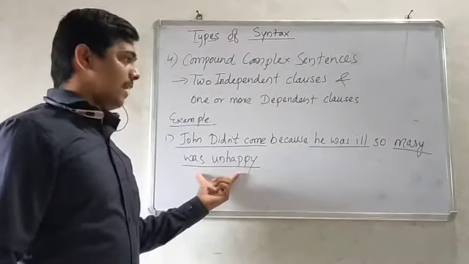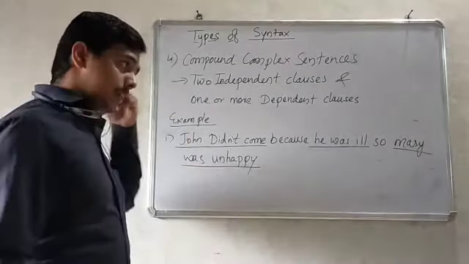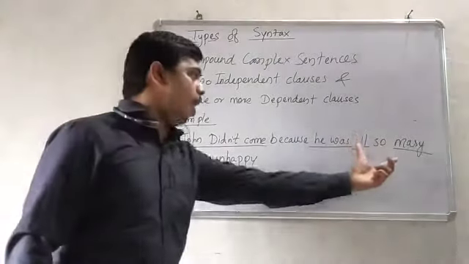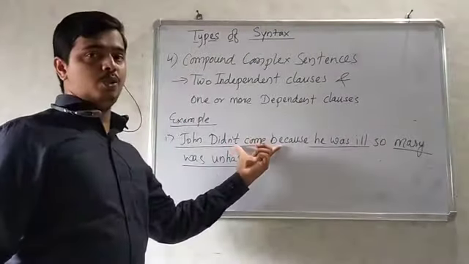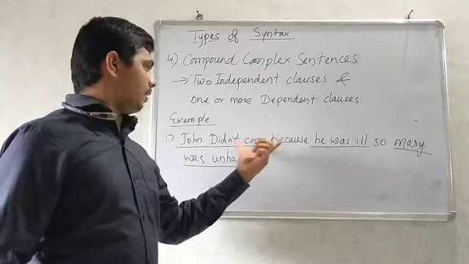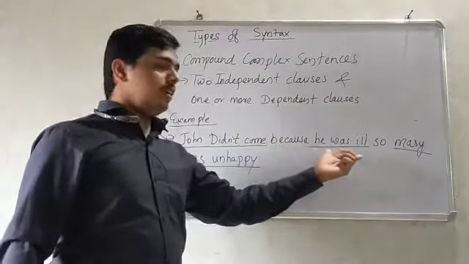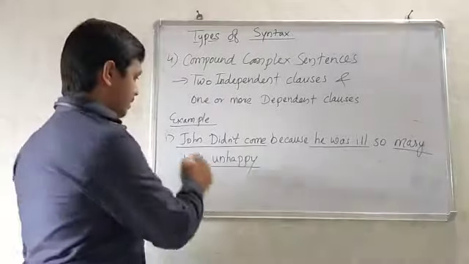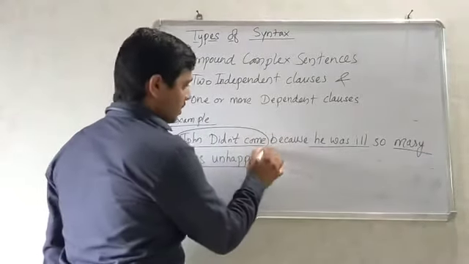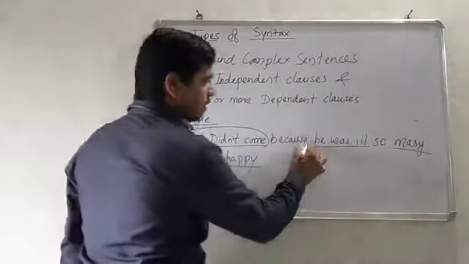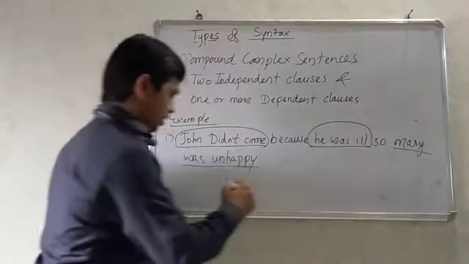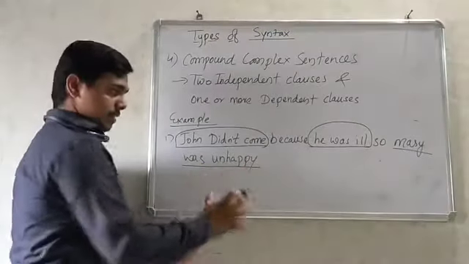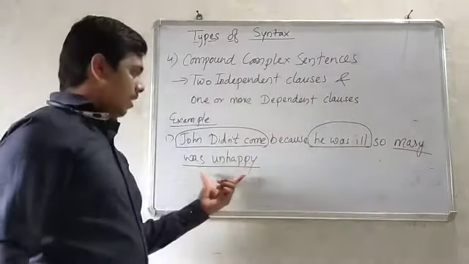So this sentence, Mary was unhappy, is totally dependent on the other two clauses. This is the first independent clause, this is the second independent clause, and this one is the dependent clause.